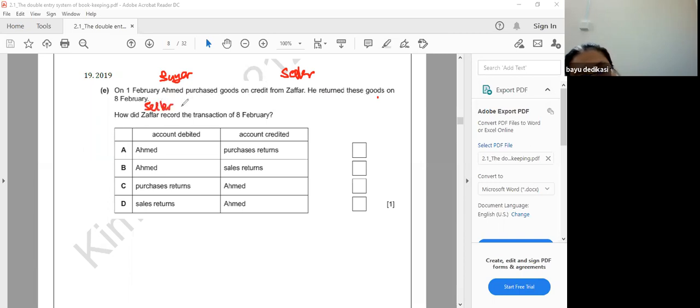Zafat is the seller. From Zafat's point of view, this is a sales return because he returned the goods. So Zafat will record sales return and credit Ahmad.